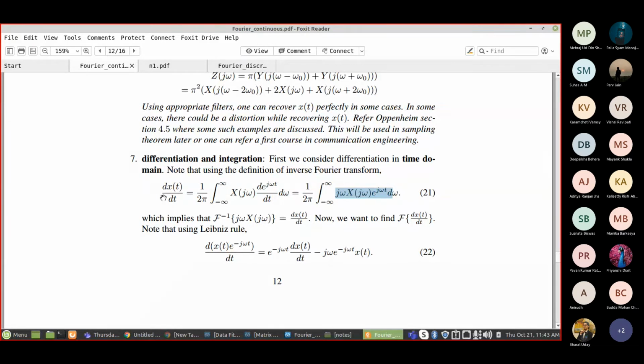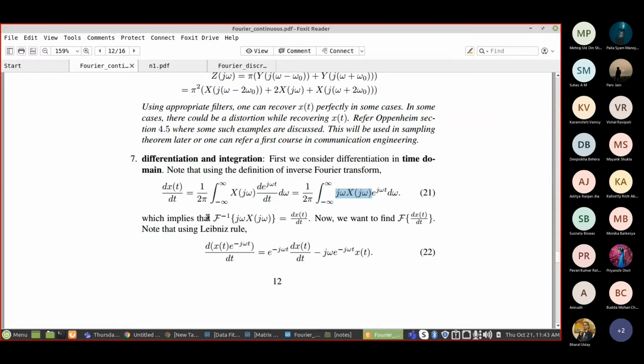And now differentiate on both sides with respect to t. Okay. So X(jω) is independent of t, and we differentiate with respect to t the complex exponential, and that brings out jω. Now from here you can see the inverse Fourier transform of jω times X(jω) is d/dt of x(t).